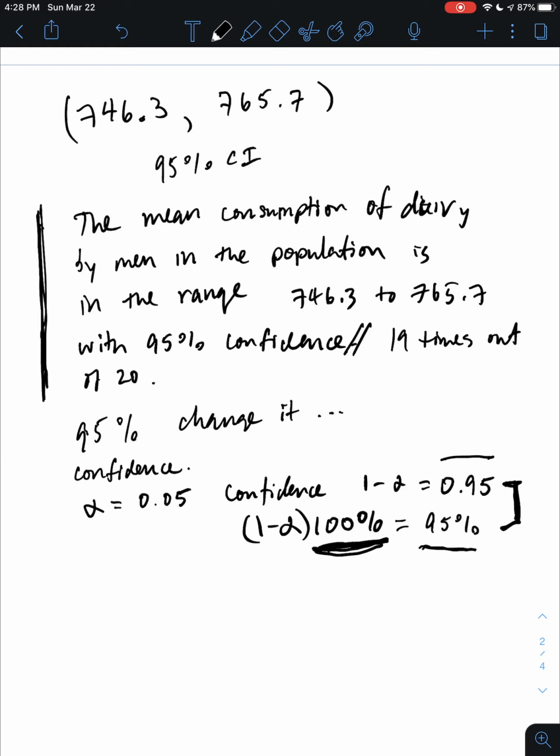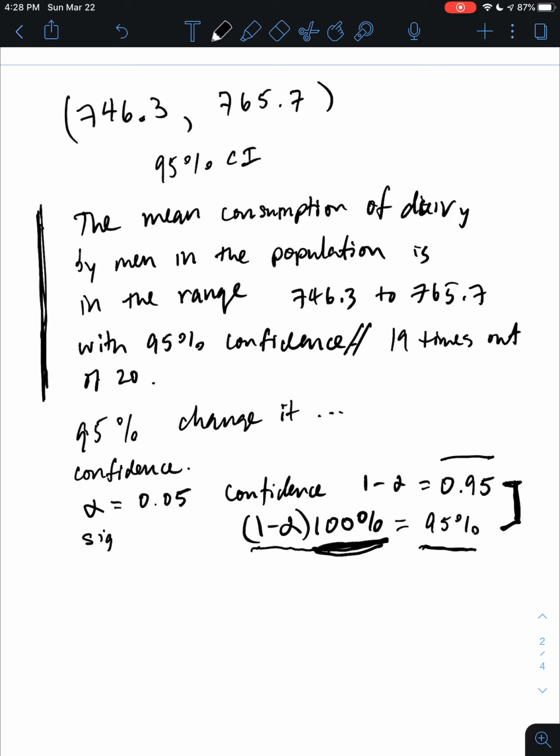Anyway, 1 minus alpha is 95%, and that is exactly the same as 1 minus alpha is 0.95. They're all the same. It's just the expression that we're using to talk about it.